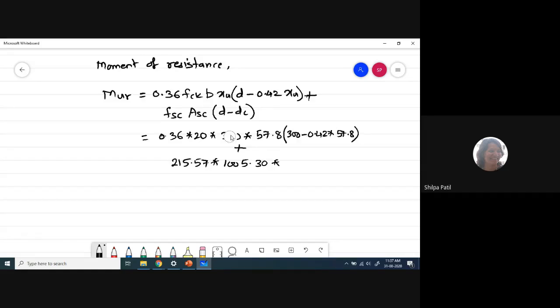So D value is 340. And this is also 340. So this is 340. Okay. 340 minus DC is 40. So tell me the MUR value.